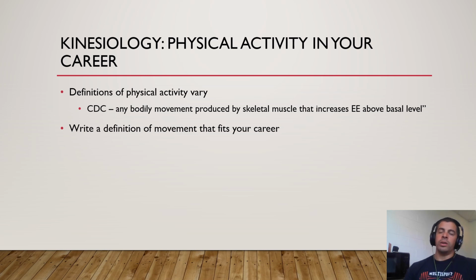I think ours is a little more overarching, more general, more simplified. We don't have to worry about energy expenditure. Take a moment and think about how you can define movement based on your career aspirations. I had a lot of you answer in the forum, so think about your career and how you would define physical activity.